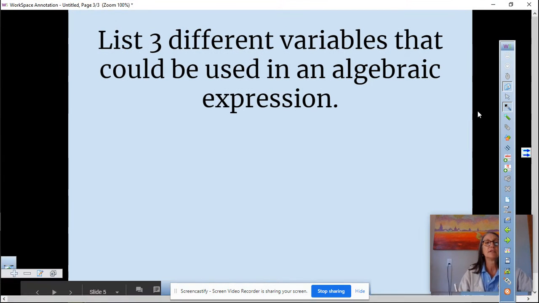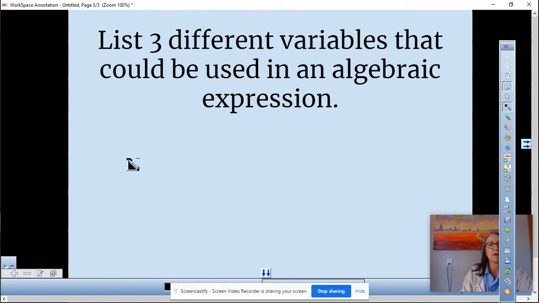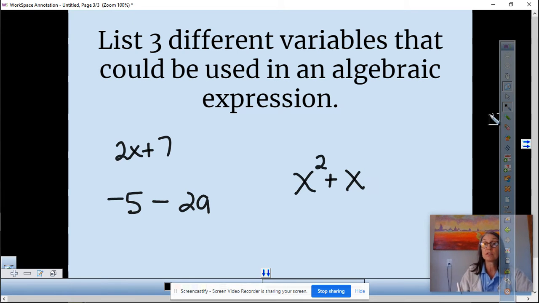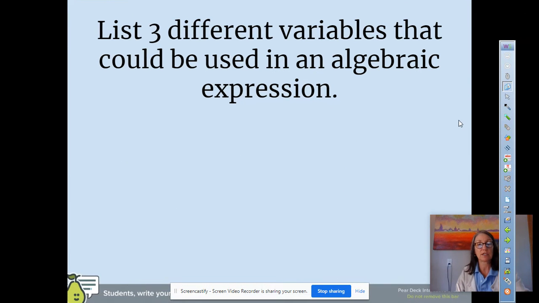Examples of variable expressions. You might have 2x plus 7. We might have -5 minus 2a. Another one might be, let's get really crazy and say x squared plus x. Those are all examples of variable expressions.